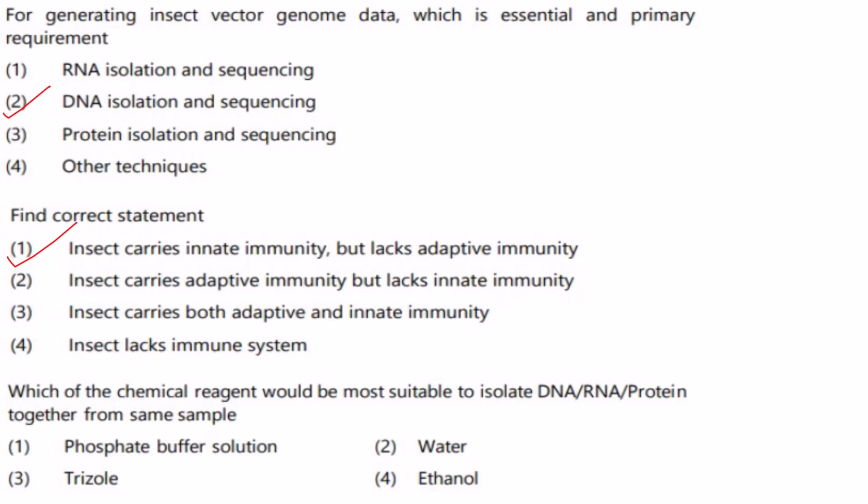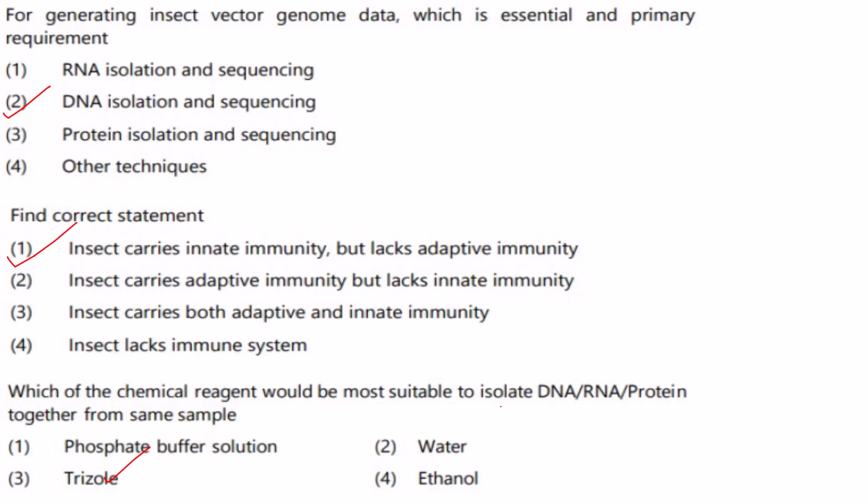Then which of the chemical agents would be most suitable to isolate DNA, RNA, protein together from the same sample? It is your TRIzol. TRIzol is an acid guanidinium phenol based reagent, and it can be used for extraction of DNA, RNA, protein together in the sample.